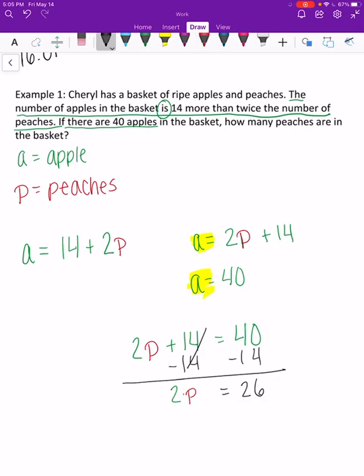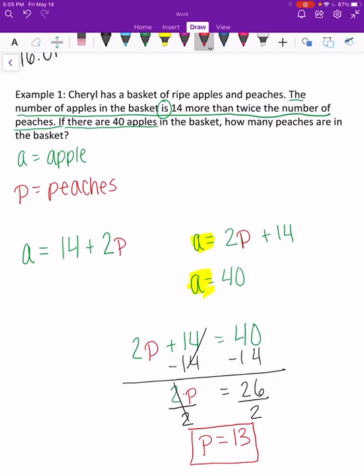I need to get rid of that 2 in front of the P, so we're going to do the opposite of multiplication, which is division. So now we have P equals 26 divided by 2, which is 13. So if there are 40 apples in the basket, there are 13 peaches in the basket.